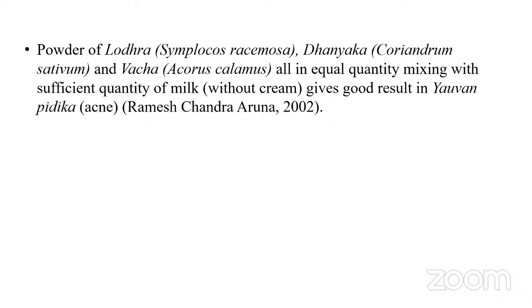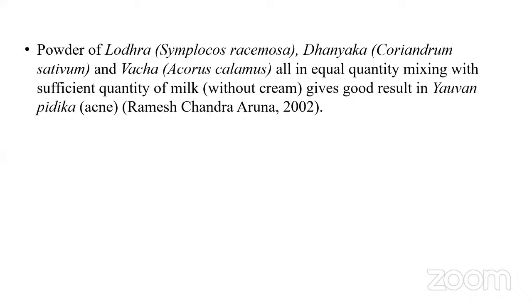Some of the common ingredients like Rakta Chandana, Lodra, Kushtha, Dhania, Vacha, all these combinations, and we can take Masoor dal atta as the base. If we have Masoor dal, we can simply make powder using the mixie.